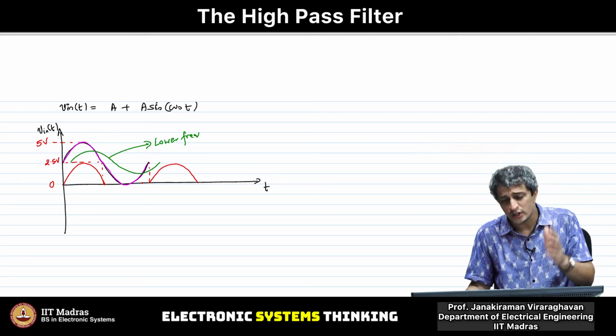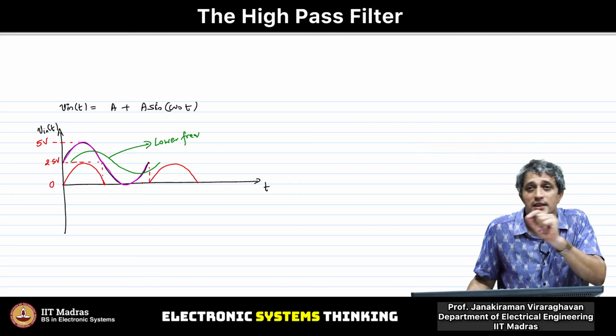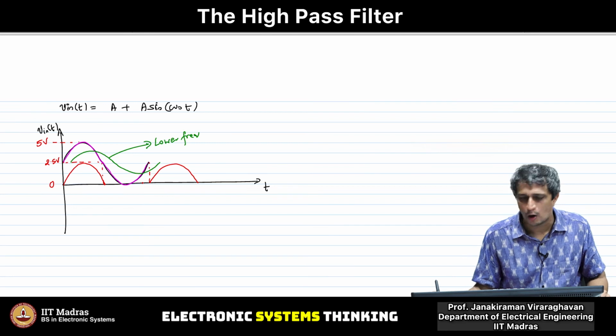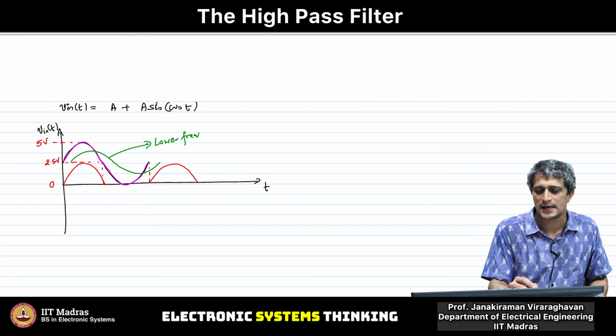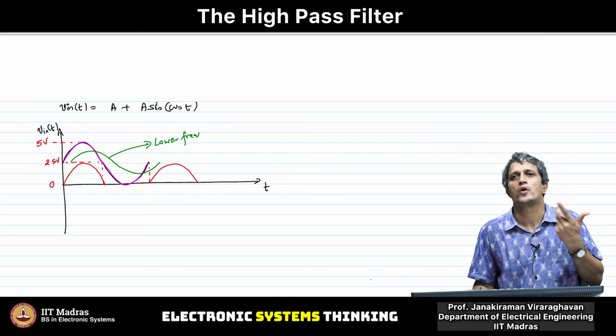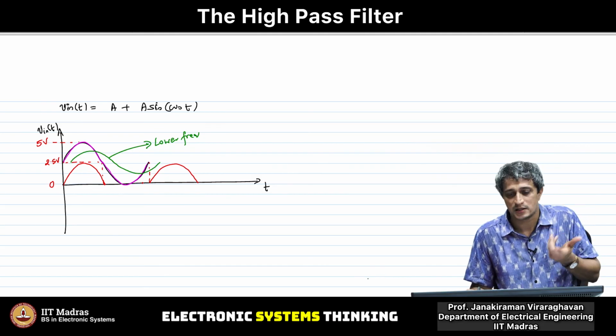So to do this, you need to change something in the circuit, okay, and of course now how do you analyze such a thing? By the way, A plus A sin omega naught t, you can use the superposition theorem, okay. It's like just giving A sin omega naught t first, right.